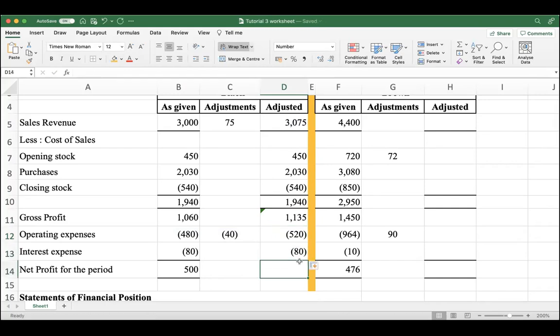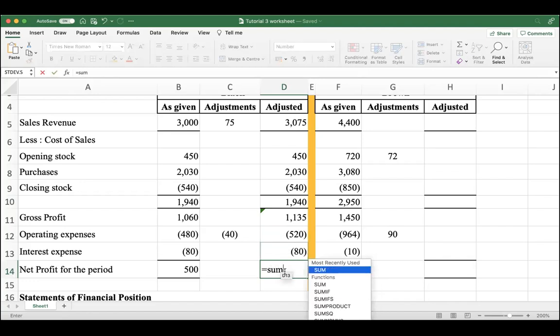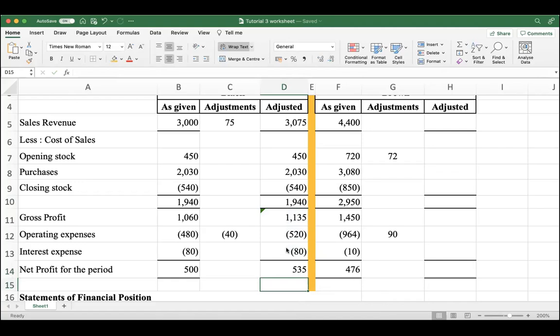There's no changes to interest expense. Then profit for the year: gross profit minus those expenses.